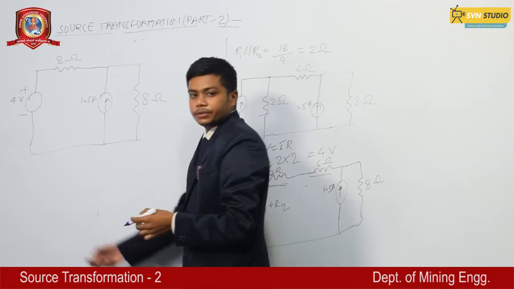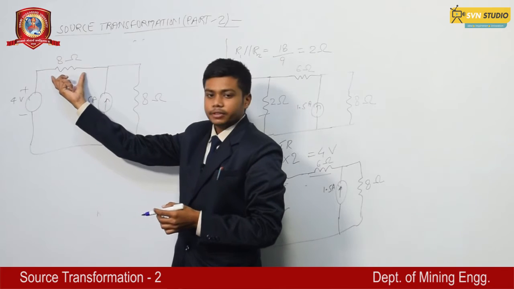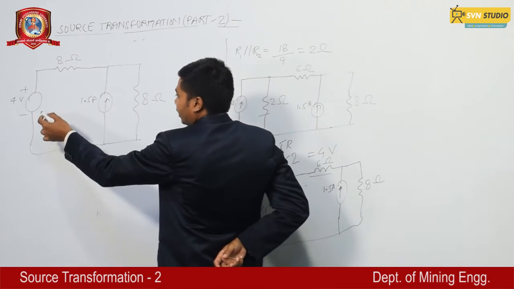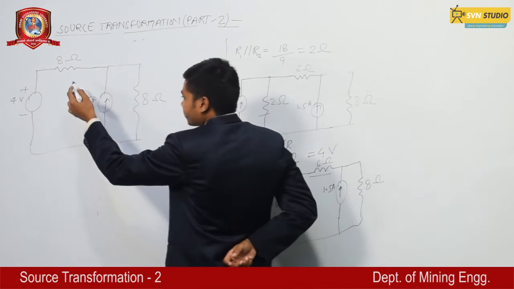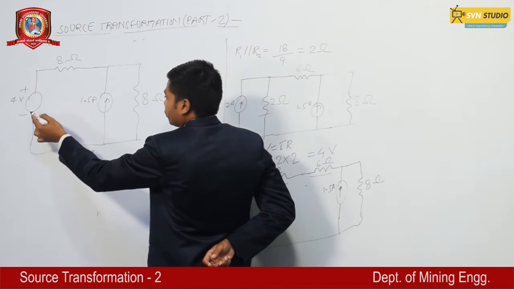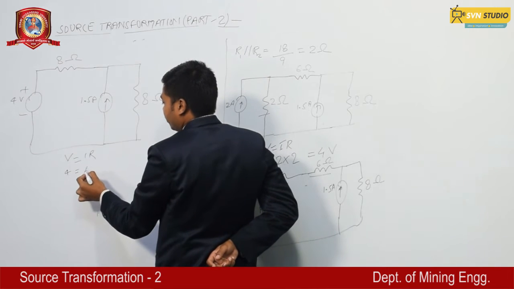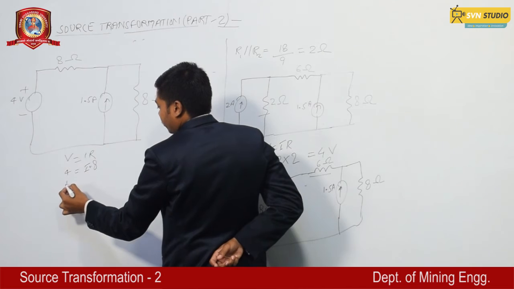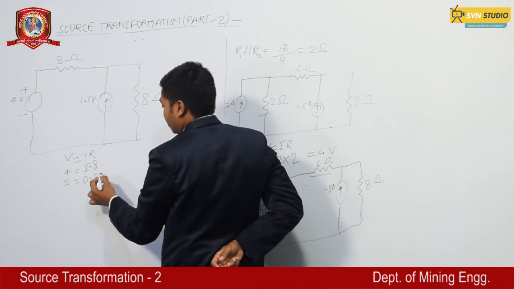Now, as we have discussed, again we have a voltage source in series with a resistance. So, this will again transform into a current source. Again applying V equals I R, the value of V is 4, I we do not know and R is 8 ohm. So, I will be equal to 4 by 8, it is 0.5 ampere.